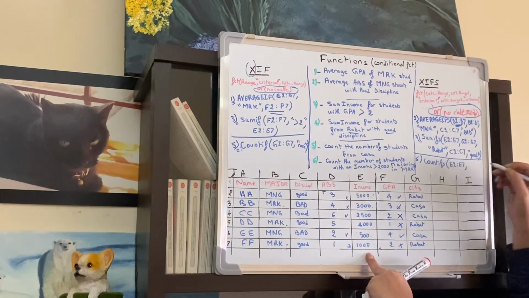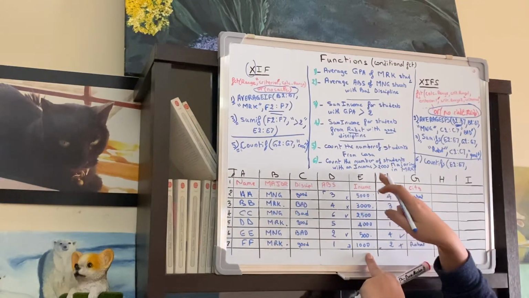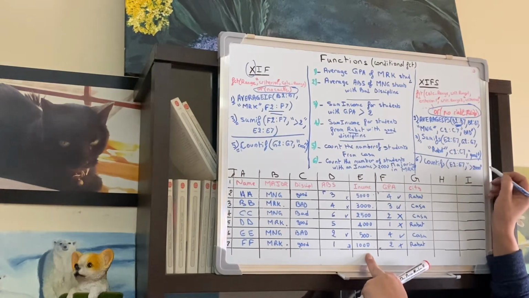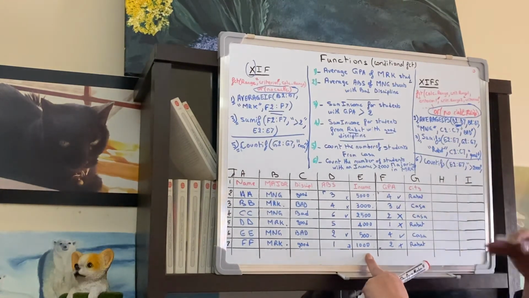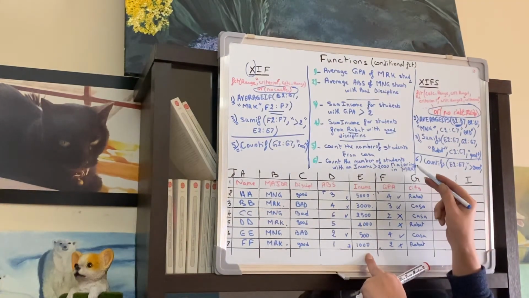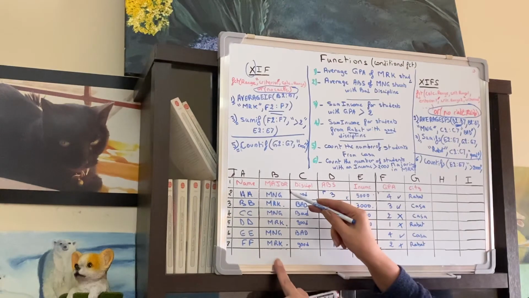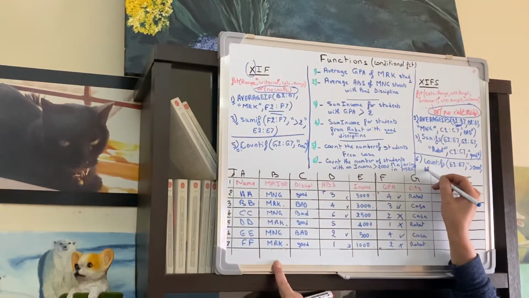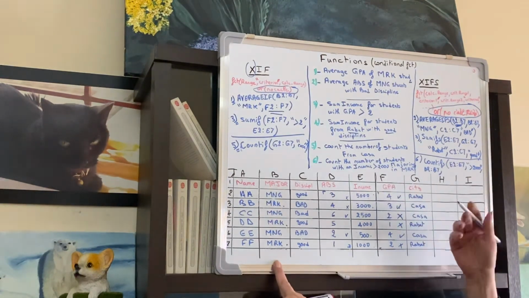comma, looking for what? Looking for greater than 2,000, okay, quote, greater than 2,000, close the quote, another comma, because you have at least another criterion. You're going to go to major. Where is major? It's here from B2 to B7, comma, and what am I looking for?